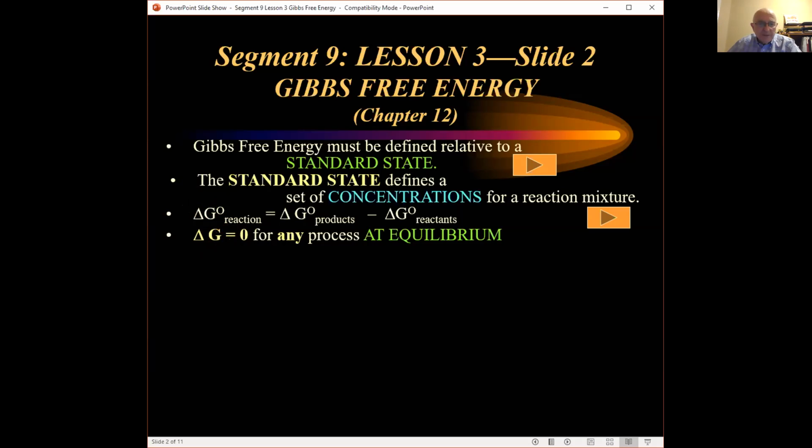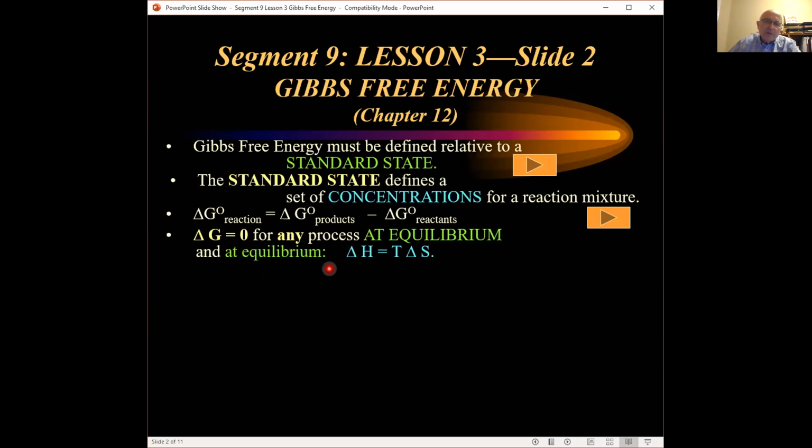So the delta G without the superscript refers to laboratory conditions. The delta G with the superscript is that hypothetical defined standard state.